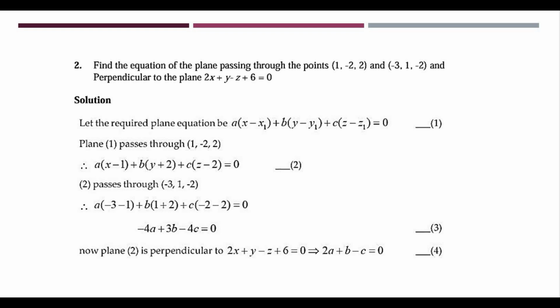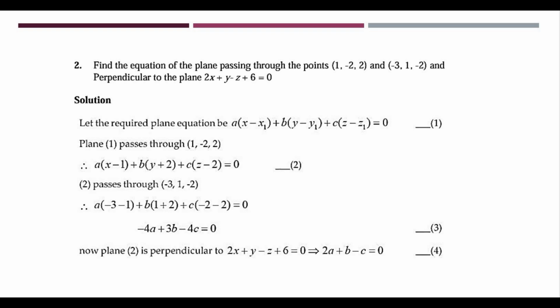Plane equation 1 passes through the point (1, -2, 2). Therefore, we substitute the values in x1, y1 and z1: a(x - 1) + b(y + 2) + c(z - 2) = 0. This is considered as equation number 2.